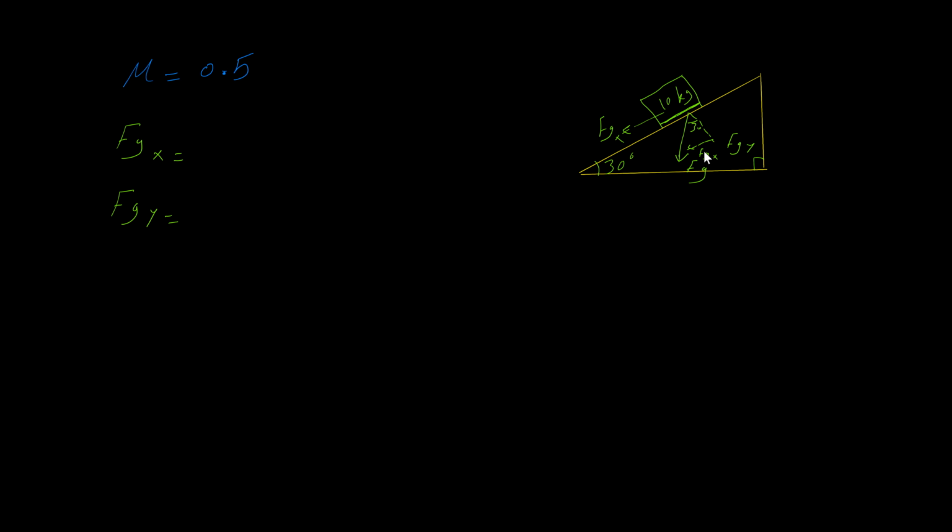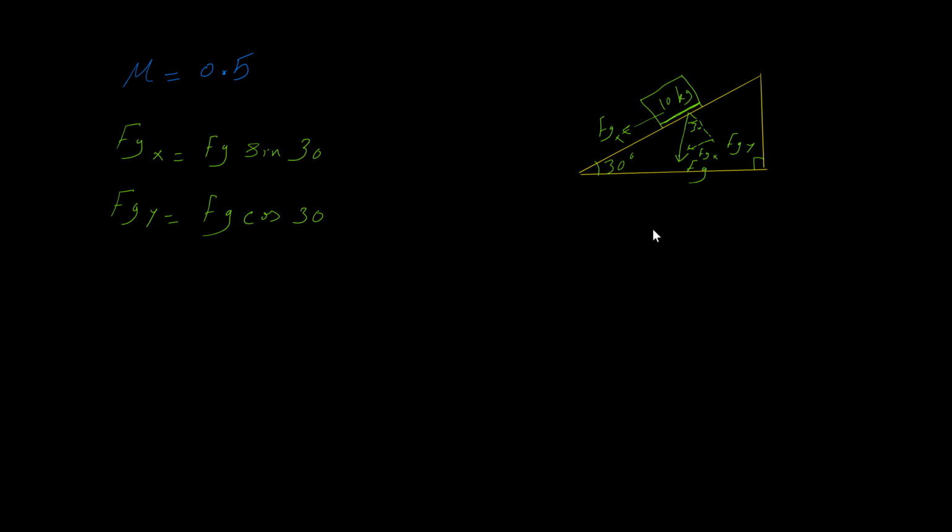So FGX is the opposite. So FGX is equal to Fg sine of theta, which is 30 degrees. FGY is Fg cosine of theta, 30 degrees. Now, what is Fg?